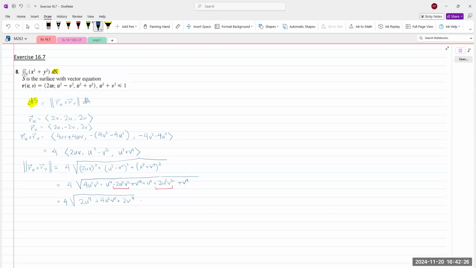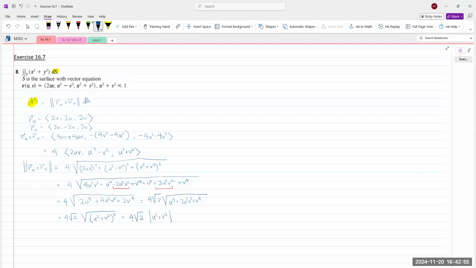I can factor square root of 2 out, and inside I get u to the 4th plus 2u squared v squared plus v to the 4th, which is a complete square, right? In other words, that is u squared plus v squared being squared under the square root, which will give us 4 square root of 2 times the absolute value of u squared plus v squared.